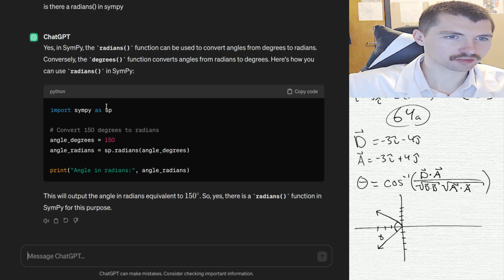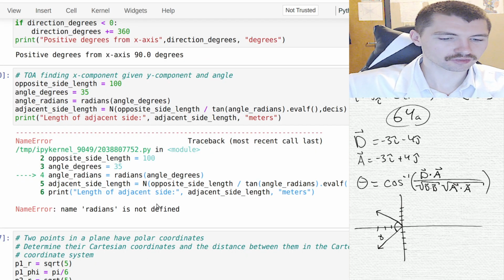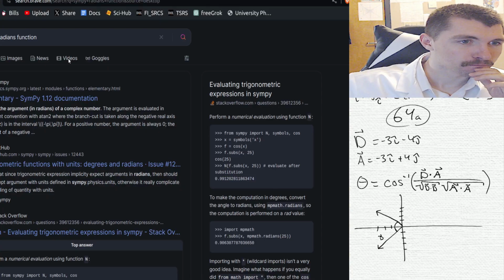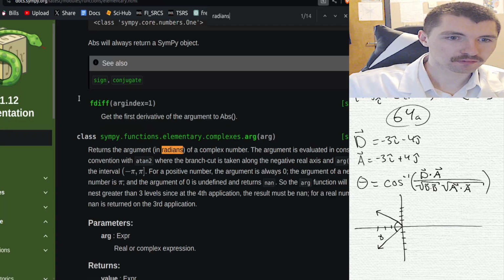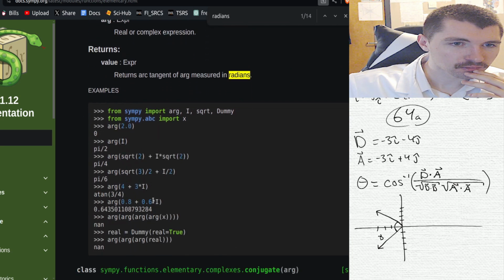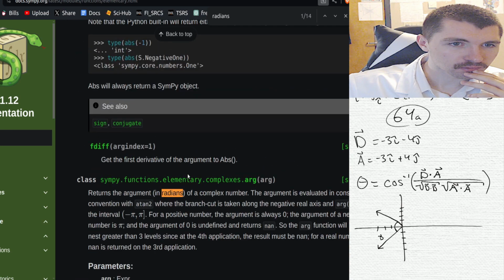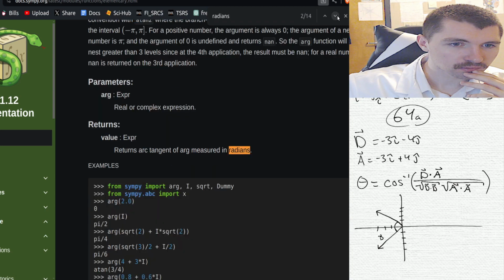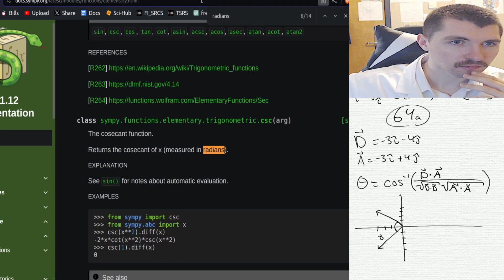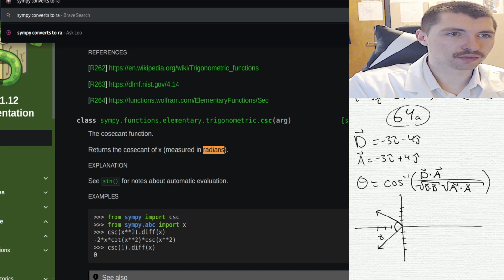Radians not defined. Pi. Revert to radians.